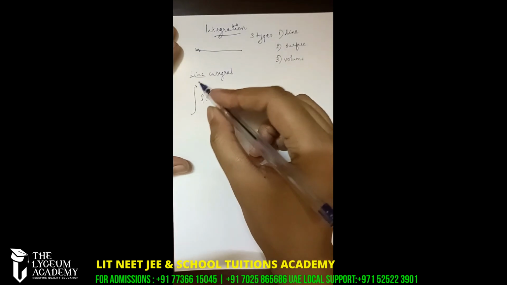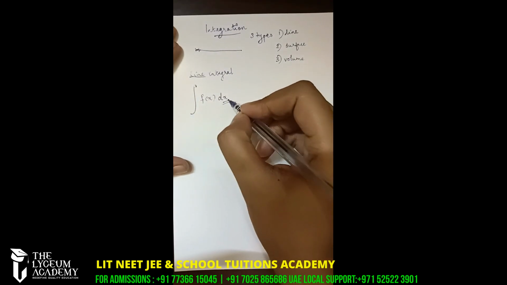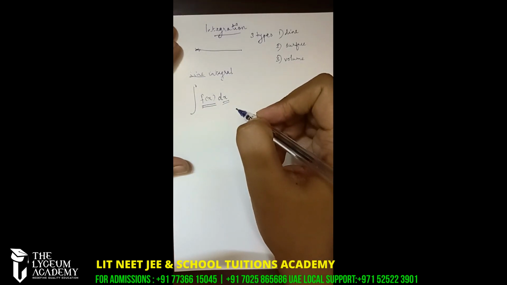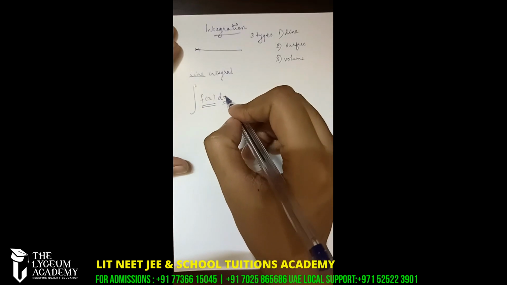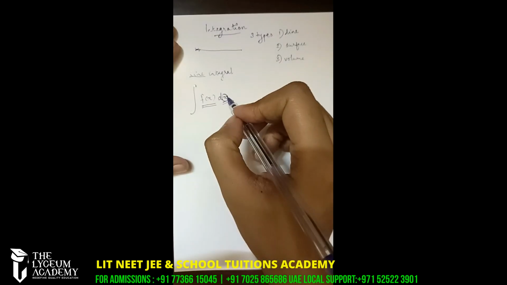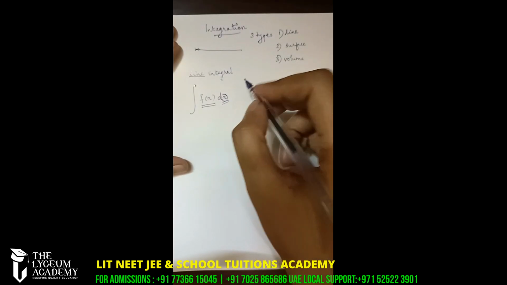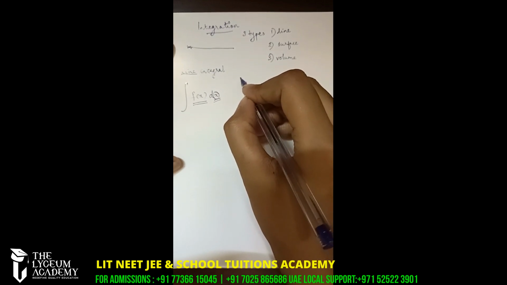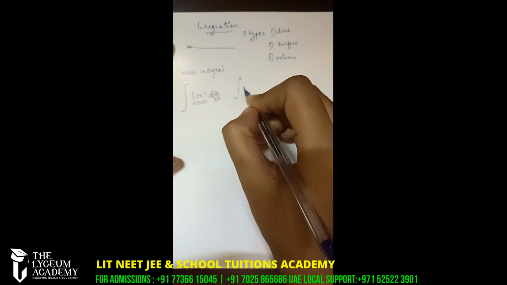So I will write integral f of x dx. f of x is the function which I am going to integrate, and x is the variable with which I am going to integrate. So we will integrate and find out for different functions.